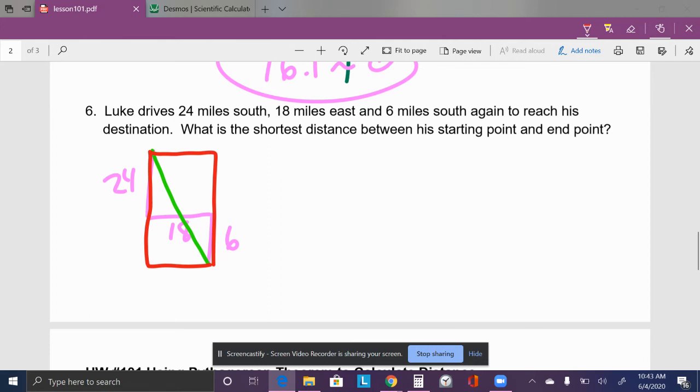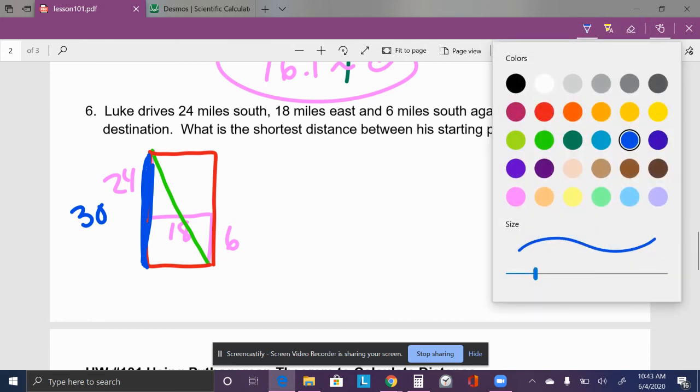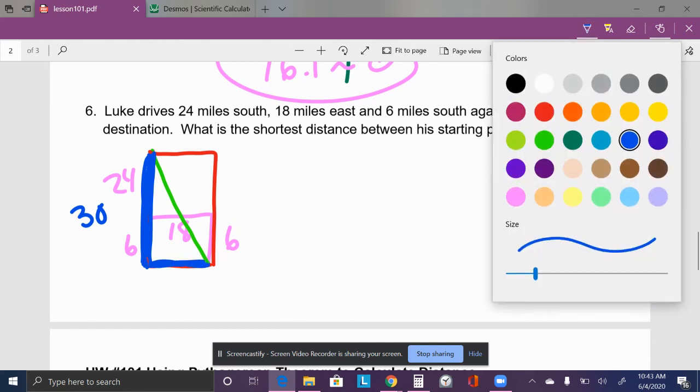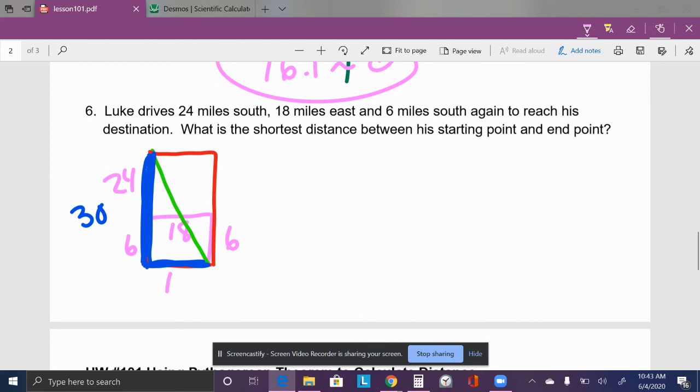We know this right here is 24. We know this right here is 6. So this whole thing is going to be 30. That's my leg. And we know this leg right here is 18.